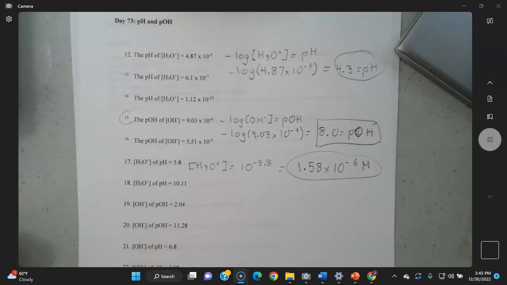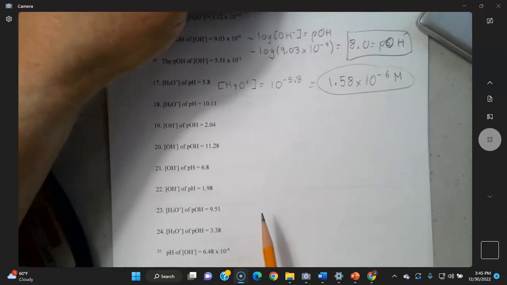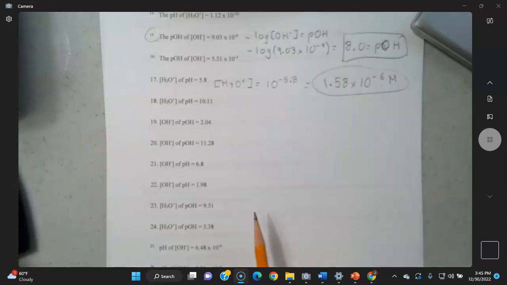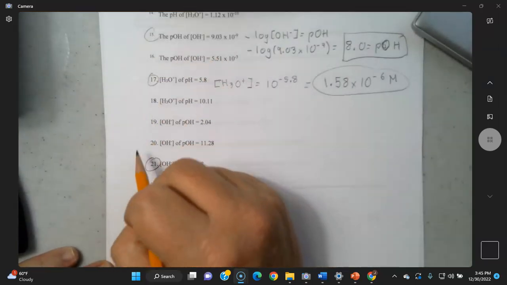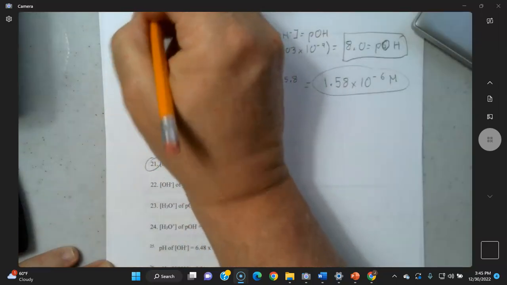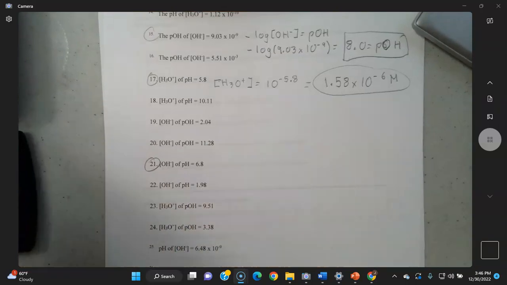Now, we're getting to some down here where it's two-step problems. So let's go on down to number 21. We'll do this one. I'm going to circle the ones I've done. Okay, so 21, we're going to start with a pH, and we want to end up with a hydroxide ion concentration.